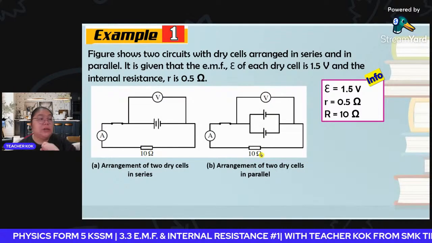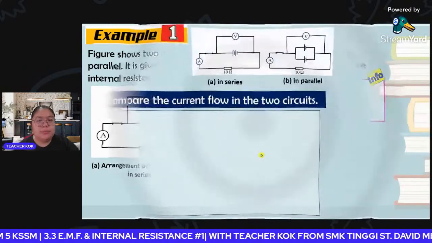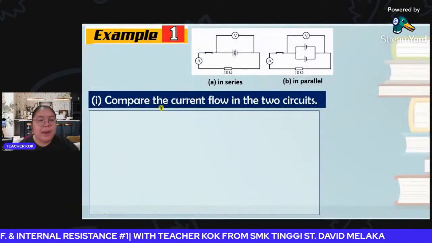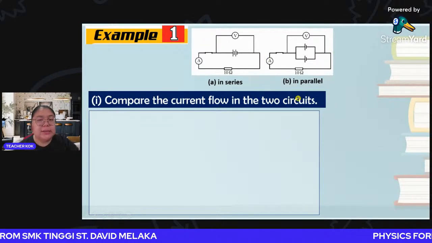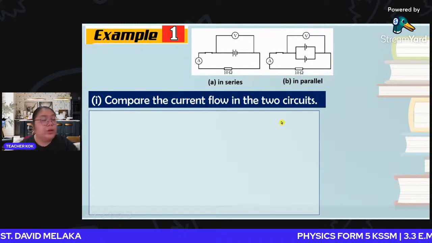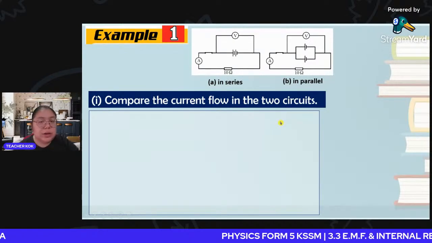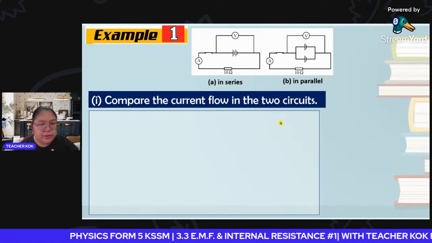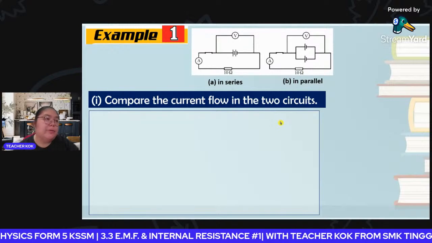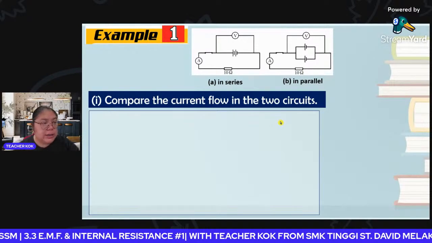Now we're going to see the question. Compare the current flowing in the circuit, the series and also parallel. Is the current the same? We need to do calculations, we need to show the calculation. Let's see the first one, how we go to start. We need to find the EMF first.